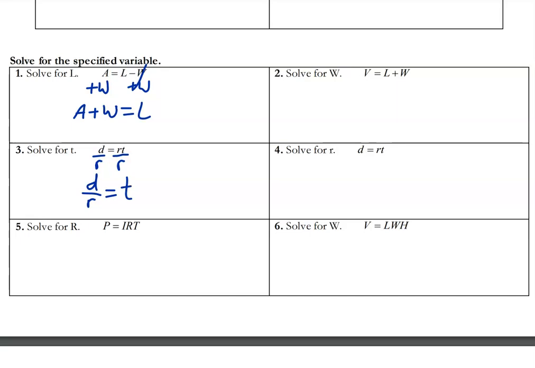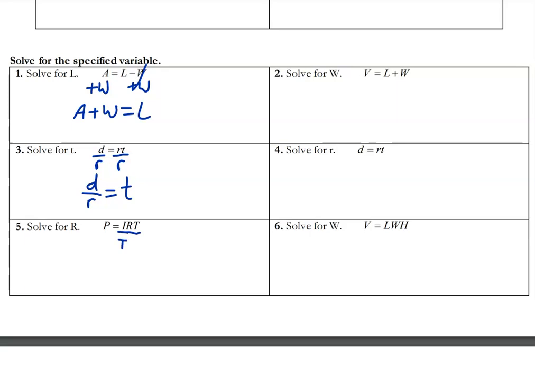And then number 5, it says solve for r. We have p equals IRT. In this case, we want to get r as the only one on this right side. There are 2 different variables, but they're both just multiplying by it. So if I want to get rid of those, again, you would just divide. You don't need to do them separately.